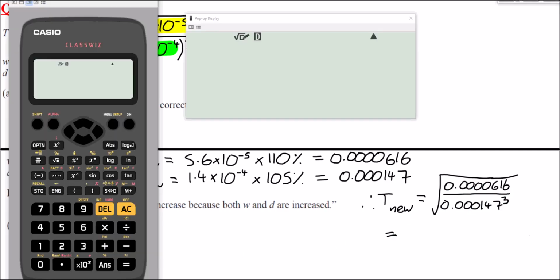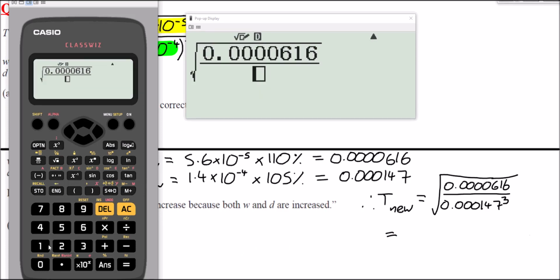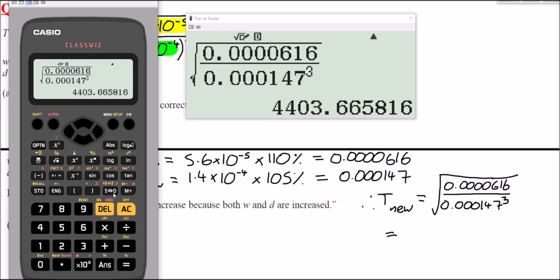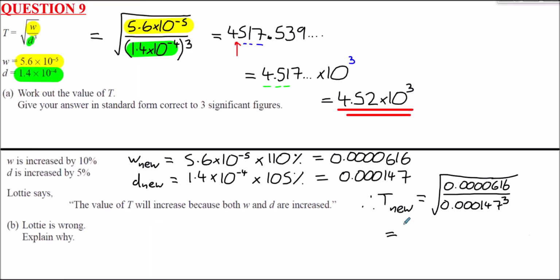So if we try this, and see what we get, 0.0000, one too many zeros, whoops, 616, all divided by 147 cubed, I get 4,403.66 roughly.